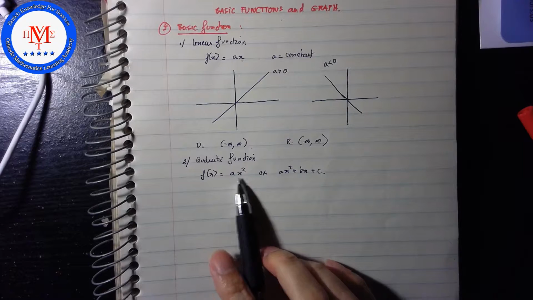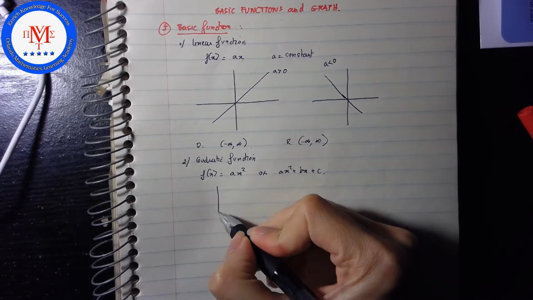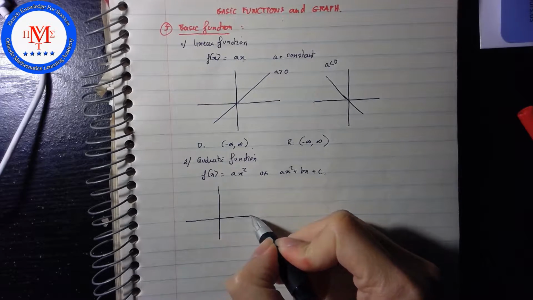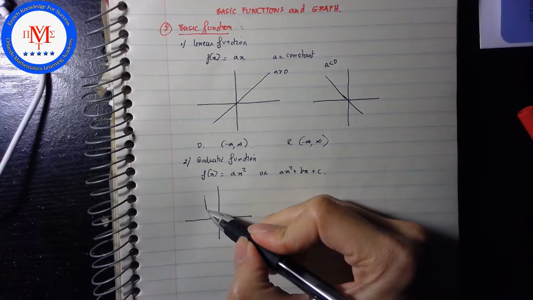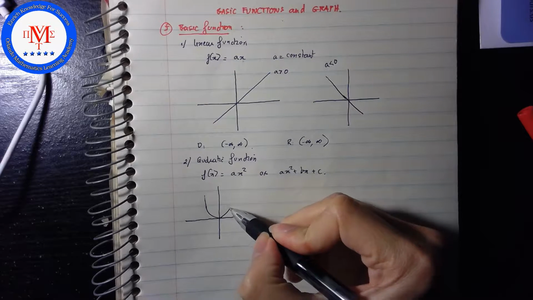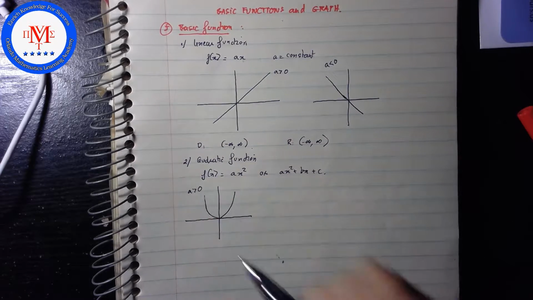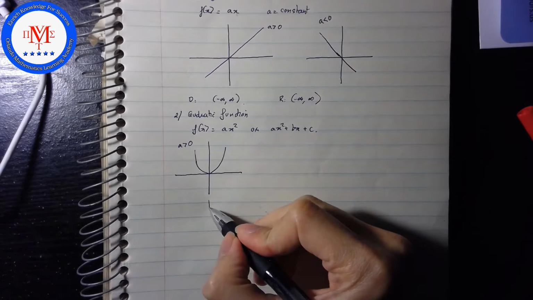So if the function is in the form of ax squared only, the graph will touch the origin like this if a is positive, or like this if a is negative.